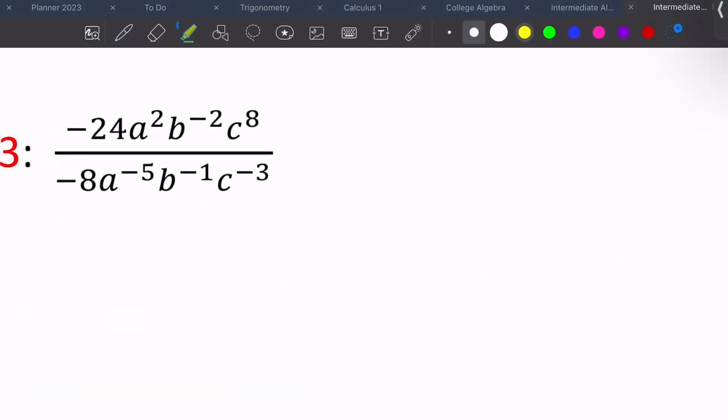Let's look at this one. We have a bunch of negatives running around. It's kind of hard to even look at, right? So let's start off with, let me try to highlight for you. Maybe you can underline, that may help a little bit. Negative 24 divided by 8 is -3, right? Let me try to color code it. So 24 divided by 8, that's 3.